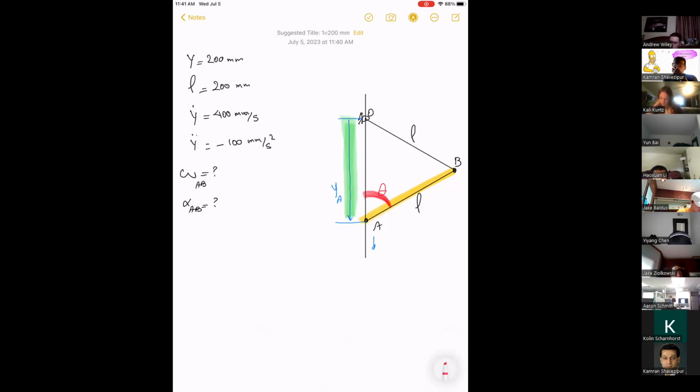Any suggestion? I'm going to give you a hint. If I draw a line here, how much is this length?